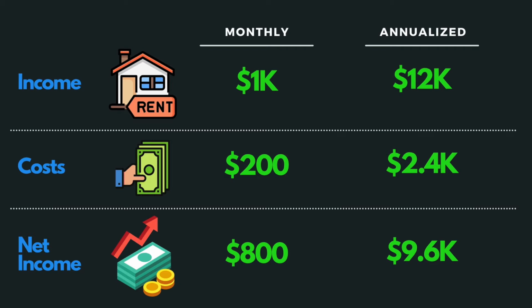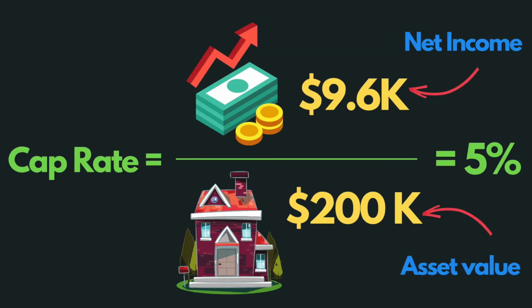Assuming that you have tenants all year round, for simplicity, your annualized net operating income is going to be the monthly $800 times 12, or $9.6 thousand. Therefore, the cap rate of this investment property is going to be $9.6 thousand divided by $200,000, or roughly 5%.